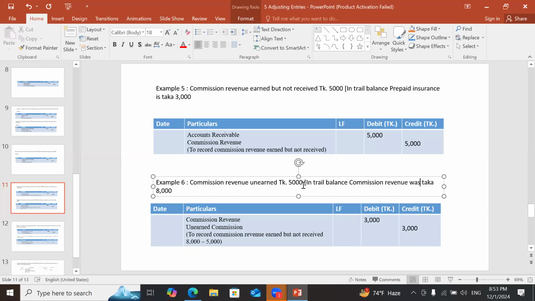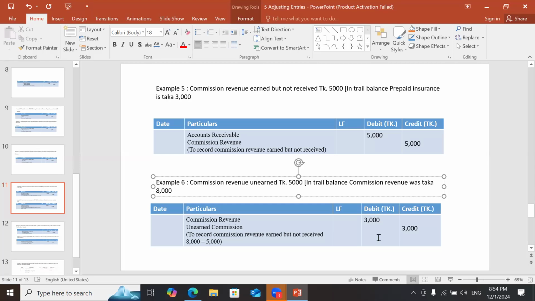So earned 3,000. Total revenue 8,000, but at the end of month or year, they have to unearn 5,000. Then definitely earned 3,000. So commission revenue debit 3,000 and earned commission credit. Very simple.